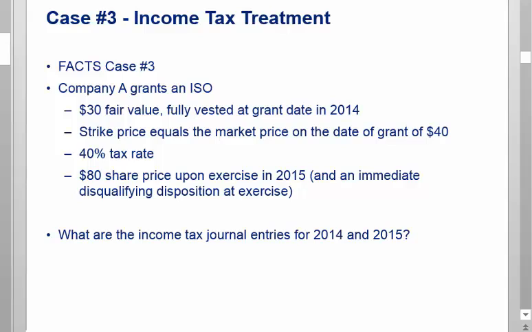Okay. So let's say that the stock isn't 80 at exercise. Let's say it's 45. Those were our facts before. So what happens in 2015 if the stock is only 45 at the date of exercise? We're going to debit payable 2. Yes.